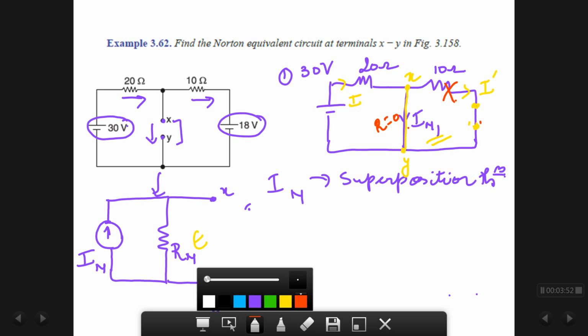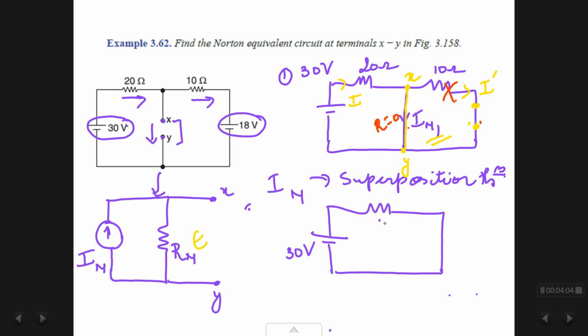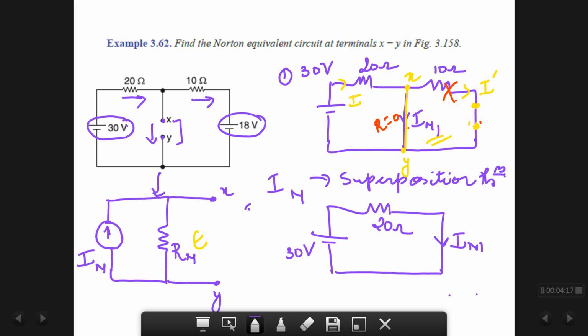So what will happen is, if I redraw my circuit over here, my circuit is like this. This is 30 volts, this is 20, and this is my short. So this is IN1, which I have to find. So this circuit of mine reduces to this.